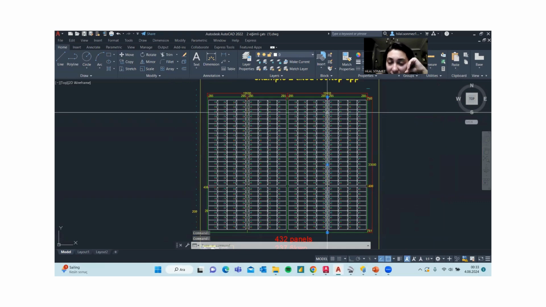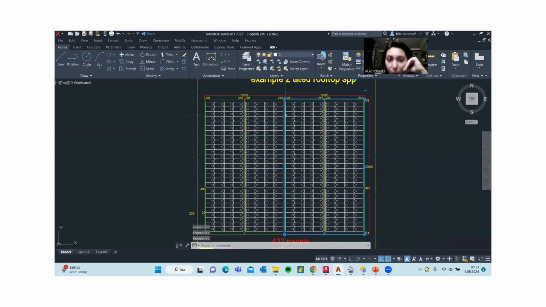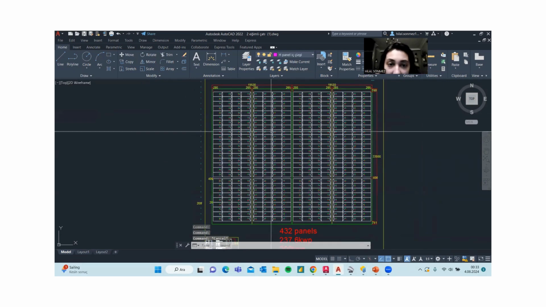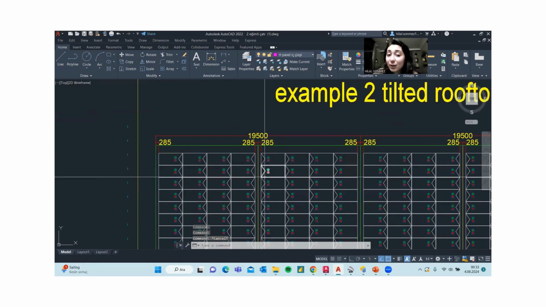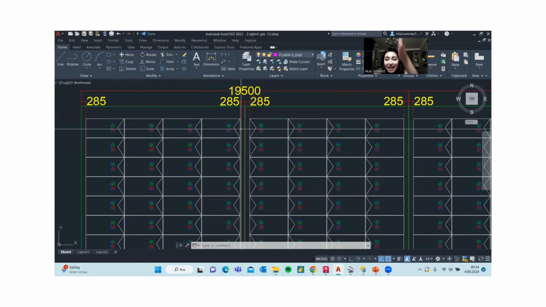This is the other ridge of our roof, and this green line is the intersection point of our two roofs. And how can we understand what the placement type of our panels is? As you can see, the width of our panels is placed along the ridge of the roof. And since the width of the panels is laid along the ridge of the roof, we say it is a perpendicular placement.